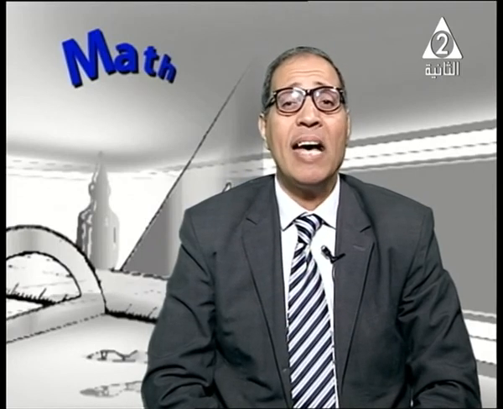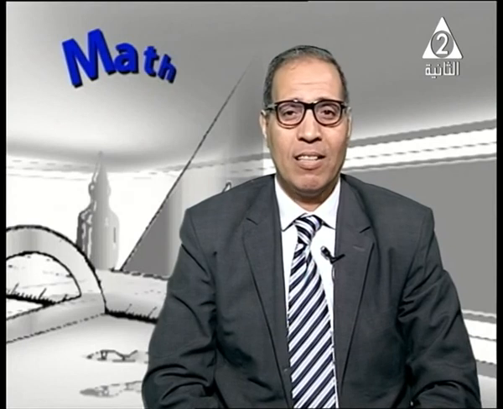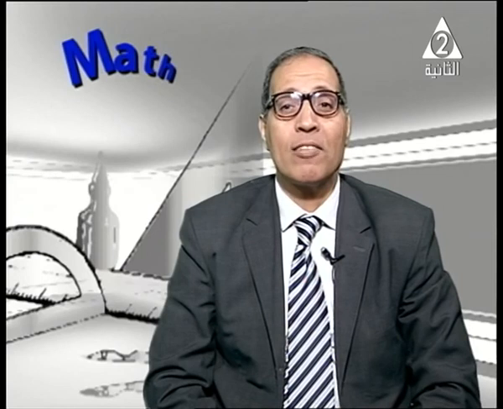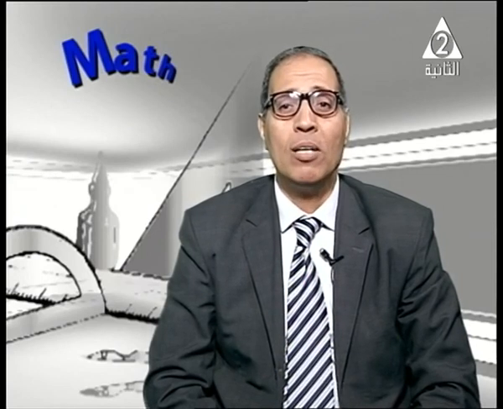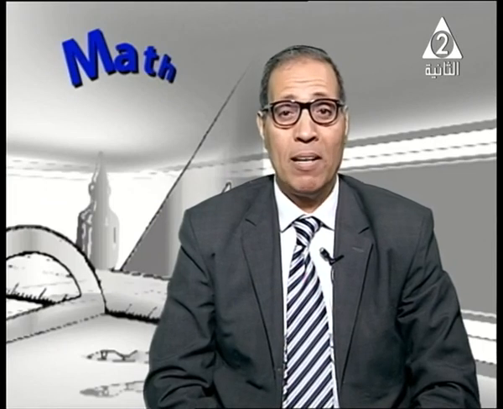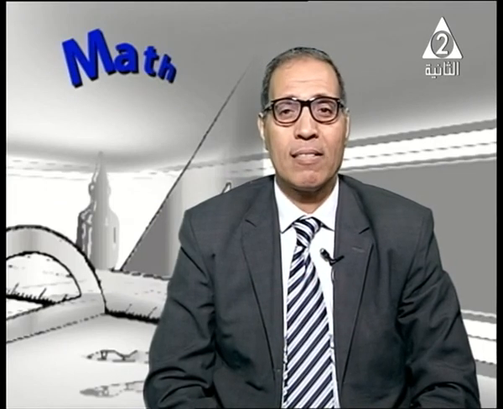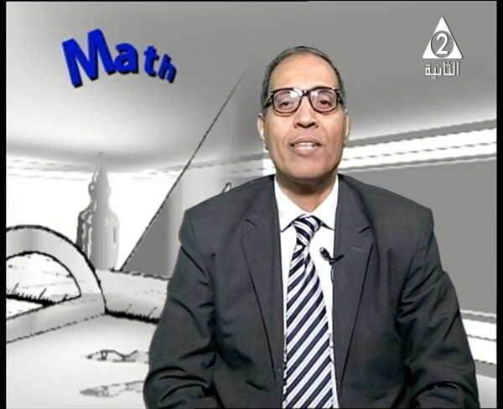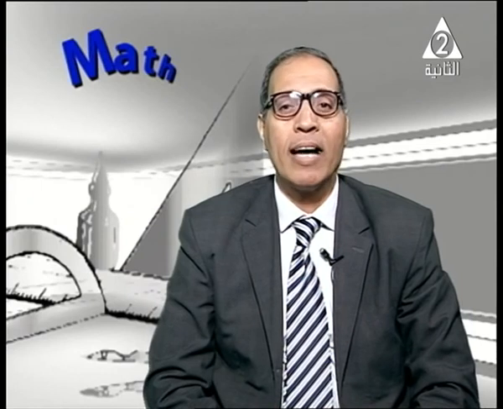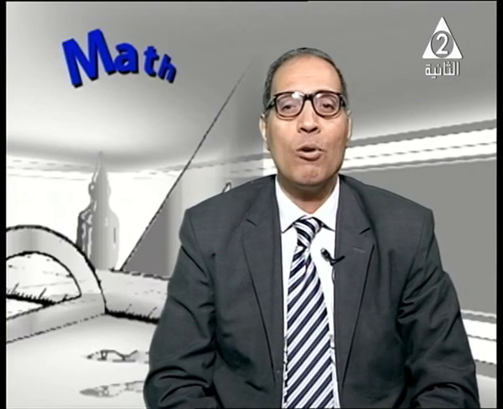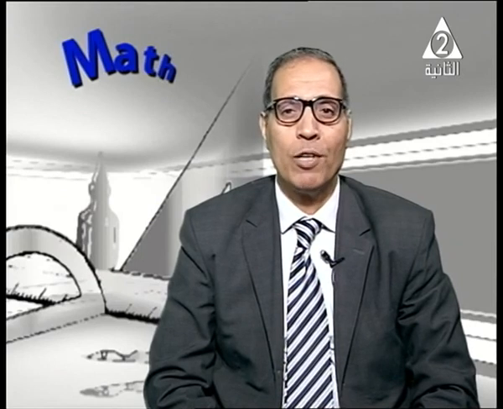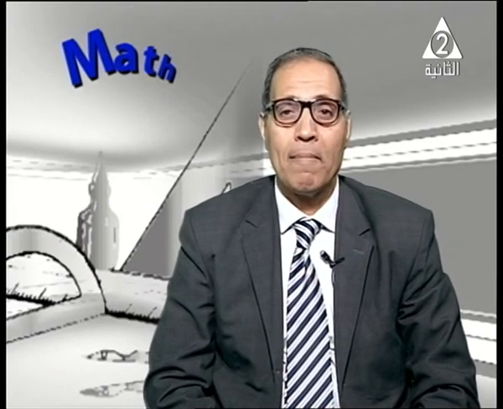Sine square x has no integration. What to use? Yes, we replace sine square x by using 1 over 2 minus 1 over 2 cosine double x. Remember, cosine square x we replace by 1 over 2 plus 1 over 2 cosine double x, but sine square x we replace by 1 over 2 minus 1 over 2 cosine double x.